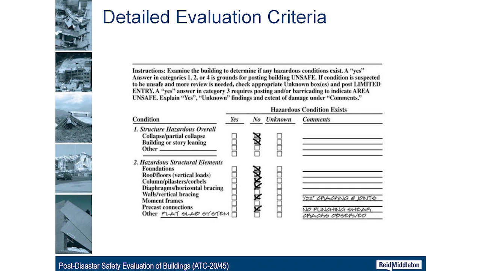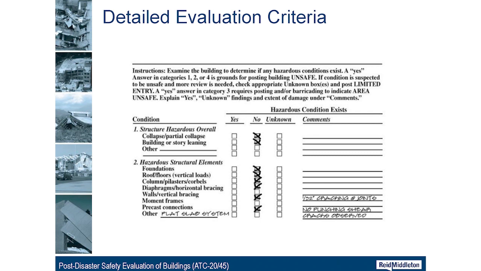You have various components: foundations, columns, diaphragms, moment frames, brace frames. Depending on what's appropriate, you can write in any other components of the structure, and that's where you can say hazardous conditions exist, yes or no, or unknown. Maybe you couldn't see the moment frame.